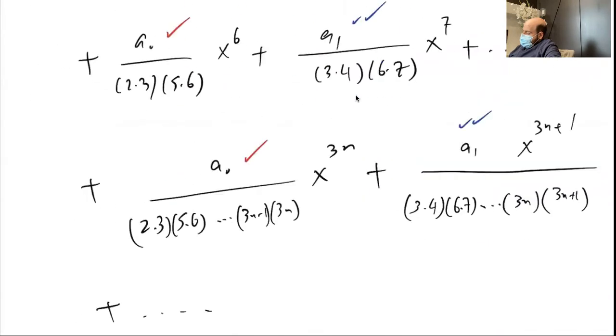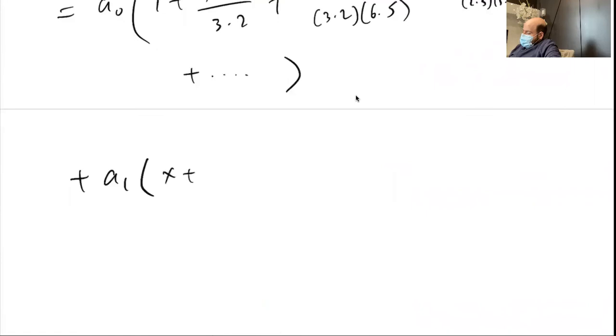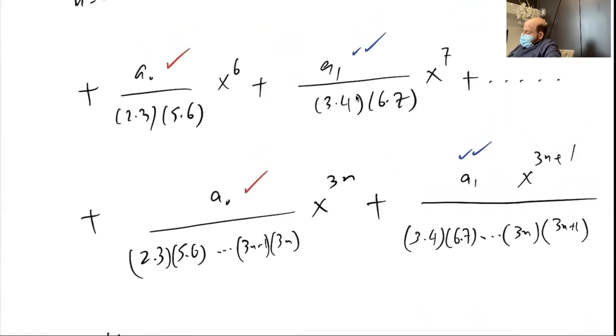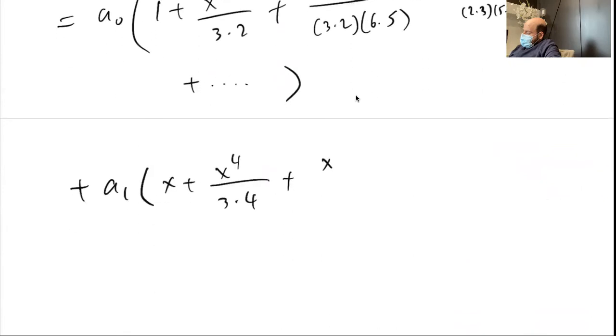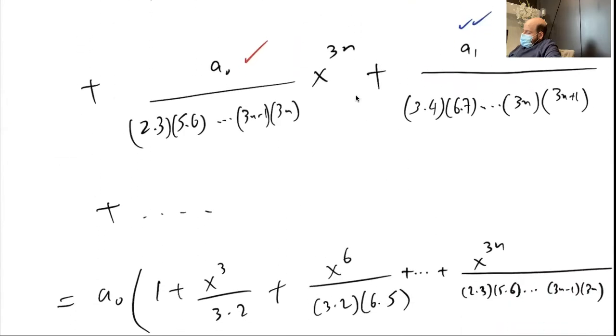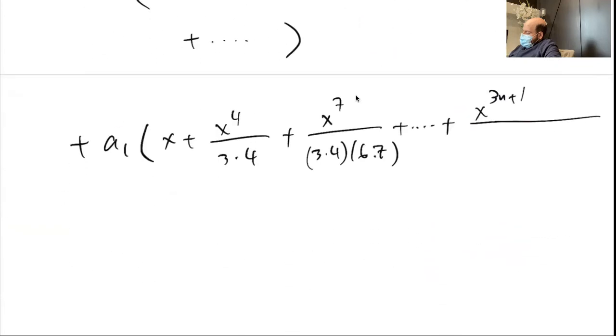It's going to be x plus x to the power 4 over 3 times 4, plus x to the power 7 over 3 times 4, 6 times 7, and then x to the power 3n plus 1 divided by 3, 4, 6, 7, all the way to 3n times 3n plus 1.